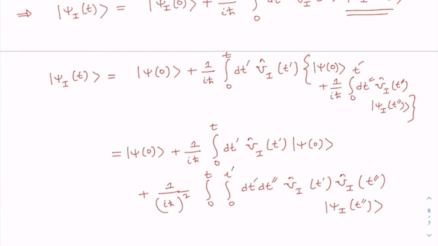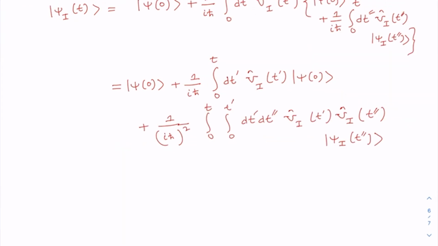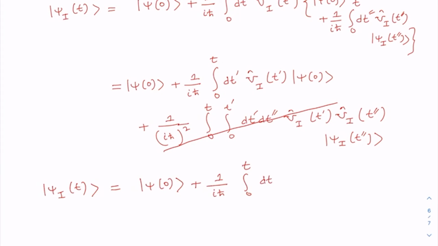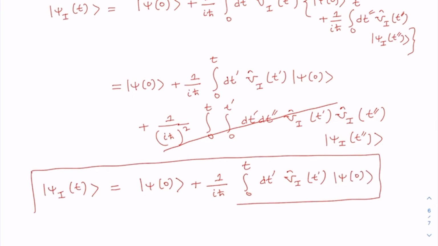Actually you can go on and on, we can make a series, but we are interested in determining the transition between two energy states of the system in the very short time limit, and to do that we ignore this particular term as per time dependent first order perturbation theory, and we write psi_I of t is equal to psi of 0 plus 1 by i h cross integration 0 to t dt dash V_I(t dash) psi of 0. So this is the solution, we keep it.